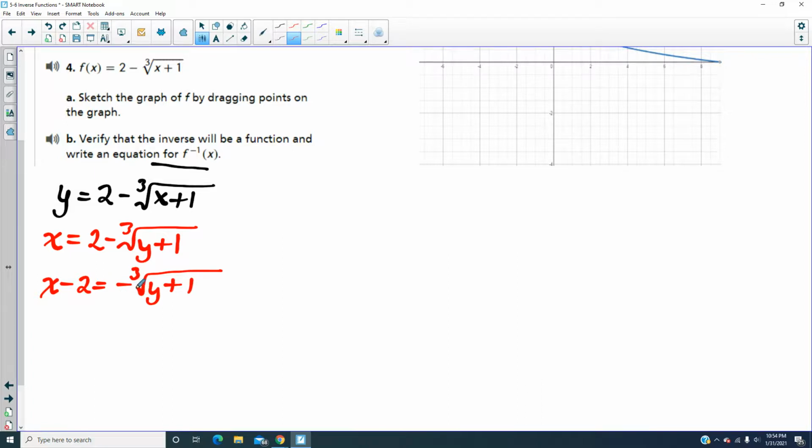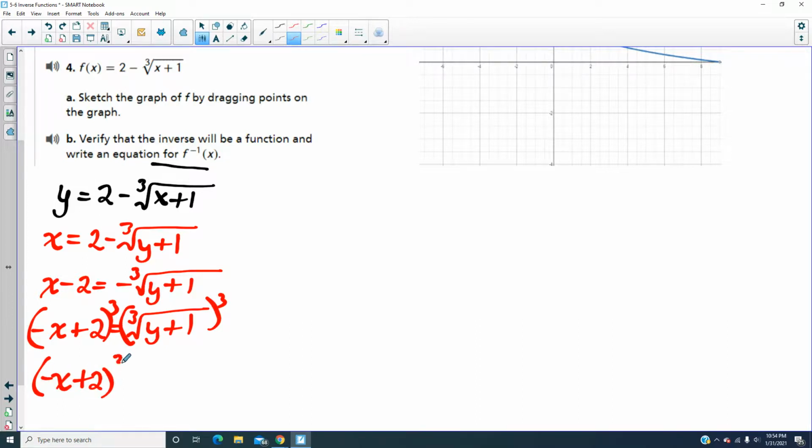Divide both sides by the negative. Negative x plus 2 equals the cubed root of y plus 1. If I want to undo the cube, I can cube both sides. So the negative x plus 2 cubed equals y plus 1.